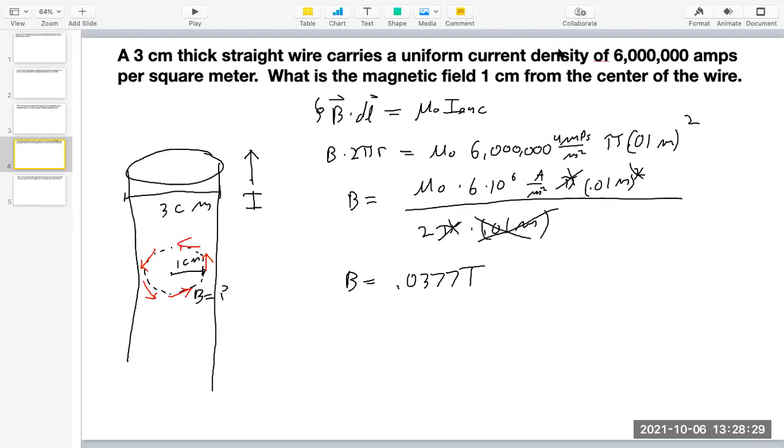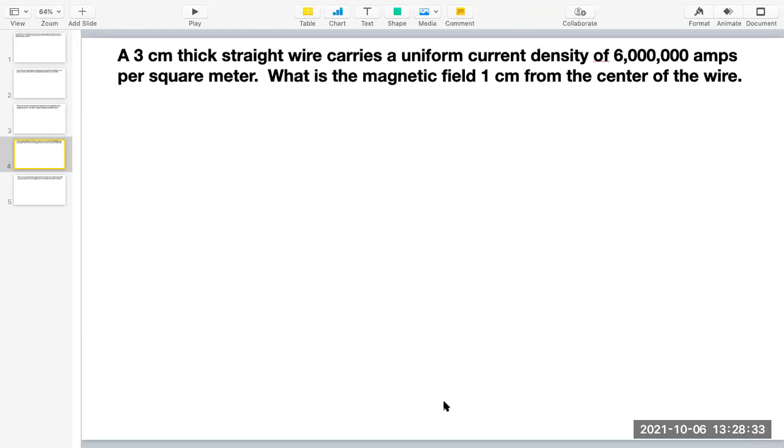So there is a particular geometry that Ampere's law really helps with, and that is the solenoid.